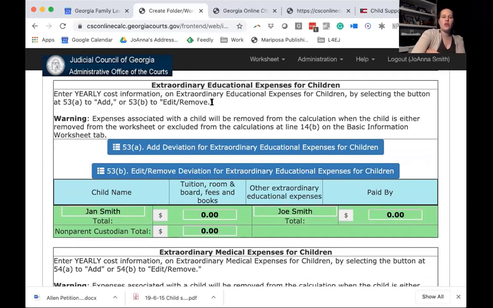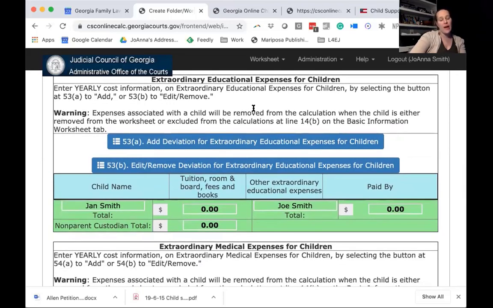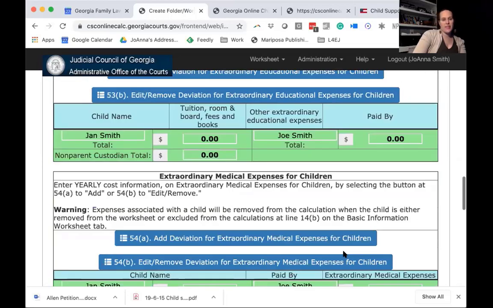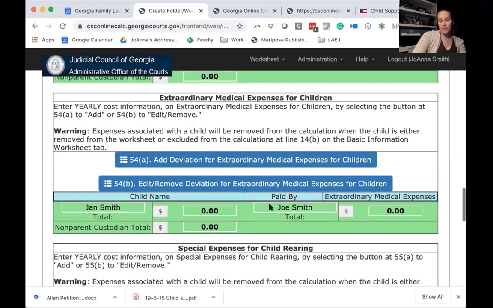Extraordinary educational expenses are like if a child is going to private school and you want to put that in here. Same with medical expenses. Some children have pretty severe disabilities, and so they might have extraordinary medical expenses that happen on a regular basis. For example, if a child needs at-home nursing care, and that's an expense that happens every month, you may want to put that in here.